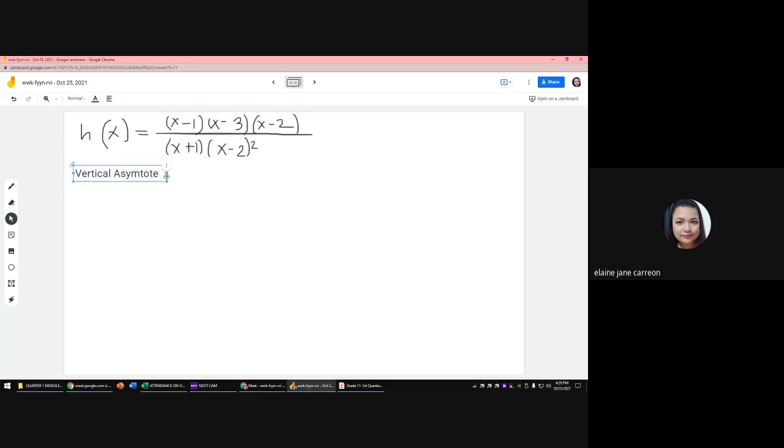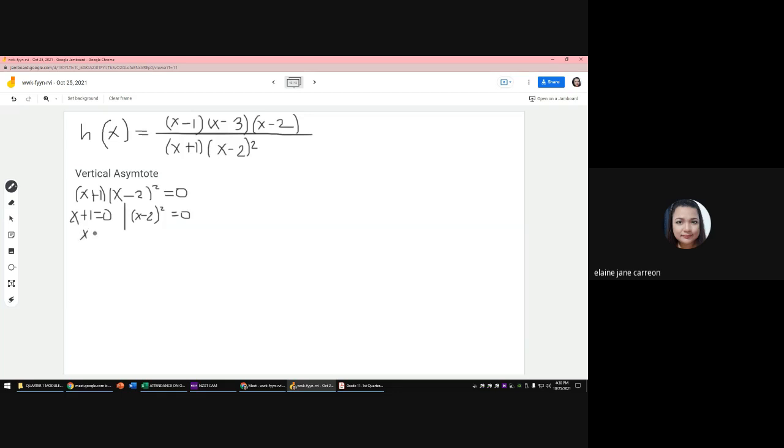So, ang ating vertical asymptote, we will equate the denominator x plus 1 times x minus 2 square to 0. Okay, so x plus 1 equals 0 and x minus 2 square equals 0. So, solve natin.